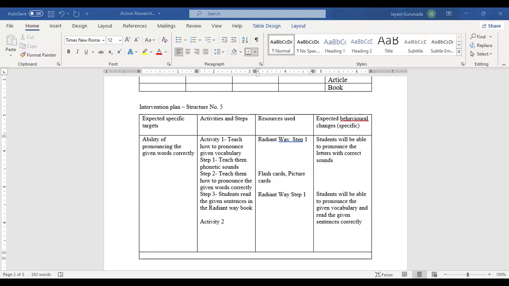Resources are small paragraphs and paragraph cards. Expected behavioral change: students will be able to read the paragraph correctly. Those are the things I have written, madam. Right. Okay.